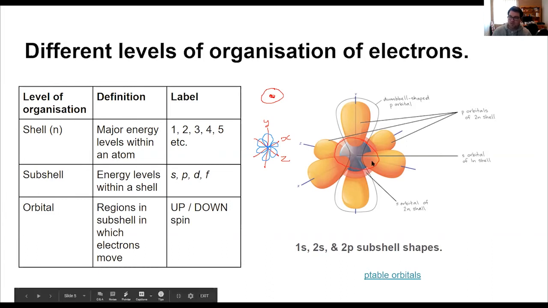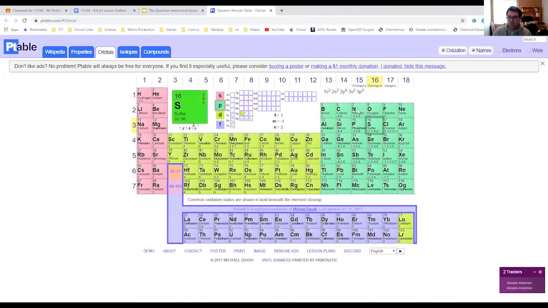All right, so I'm just going to clear off these annotations, and now I'm going to bring ptable up. So ptable.com is the website I've gone to, and I'm clicking on the orbital tab just here.